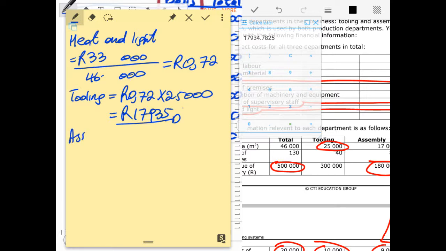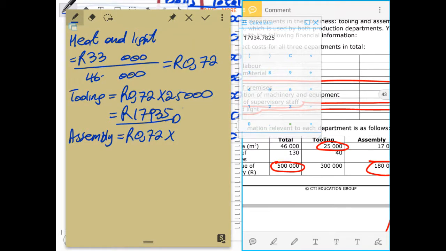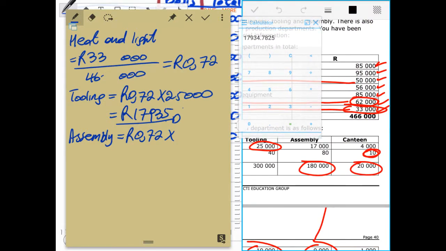Then after that we have assembly, and the assembly will be 0 rand 72 cents multiplied by the space used by the assembly department in this business.